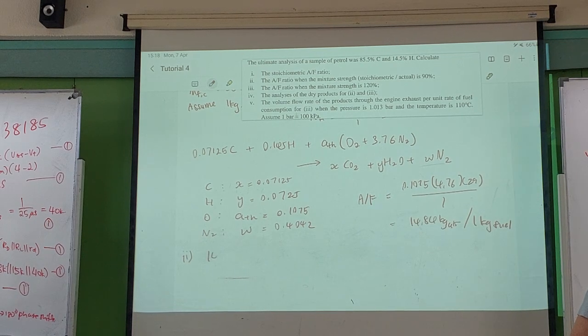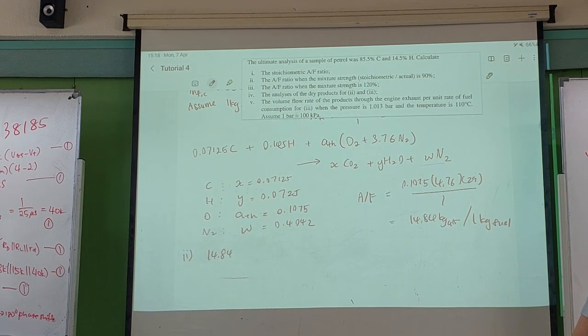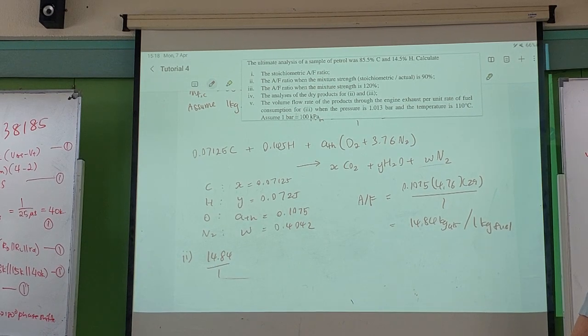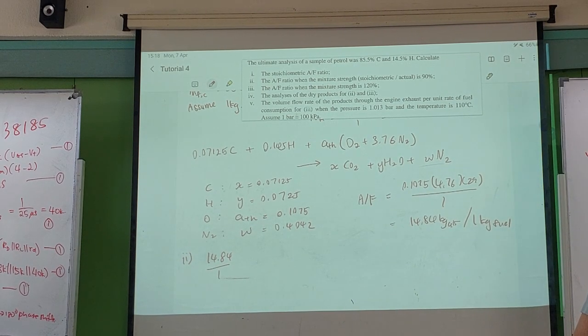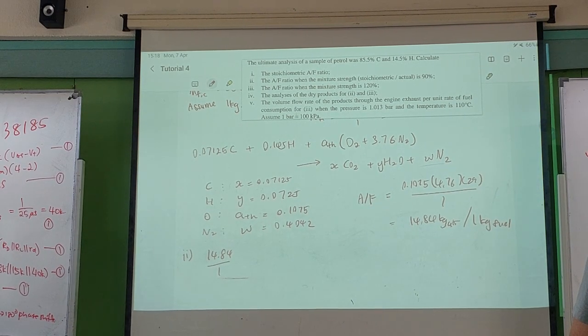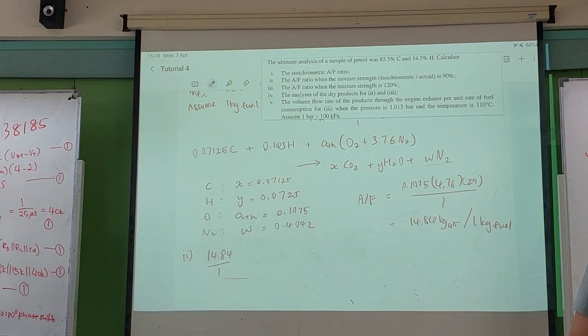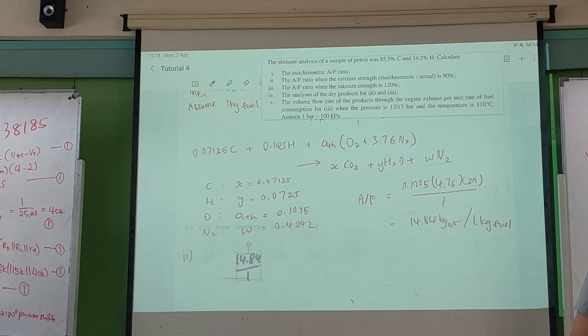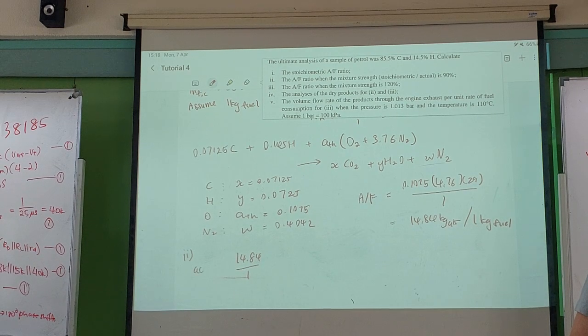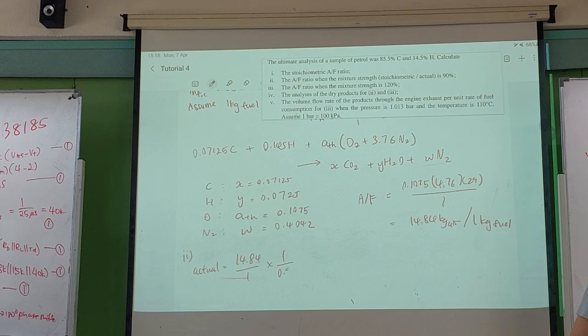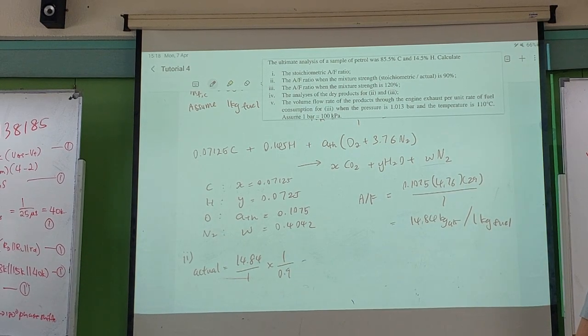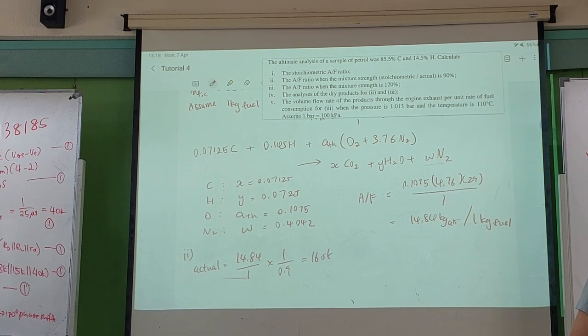So if the air fuel ratio for the stoichiometric is this, and over the actual is 0.9, meaning if you want the actual one, you just divide. So the actual one is basically just that.